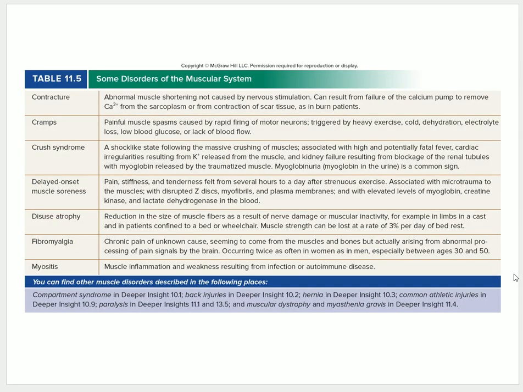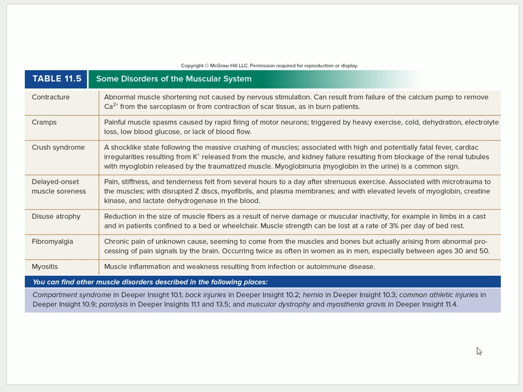So that's just a little bit on that. And then just some disorders that can happen with the muscular system to end this lecture on. So cramps, right? Painful muscle spasm caused by rapid fire of motor neurons. We know what cramping is. Crush syndrome happens. Shock-like state following massive crushing of muscles.